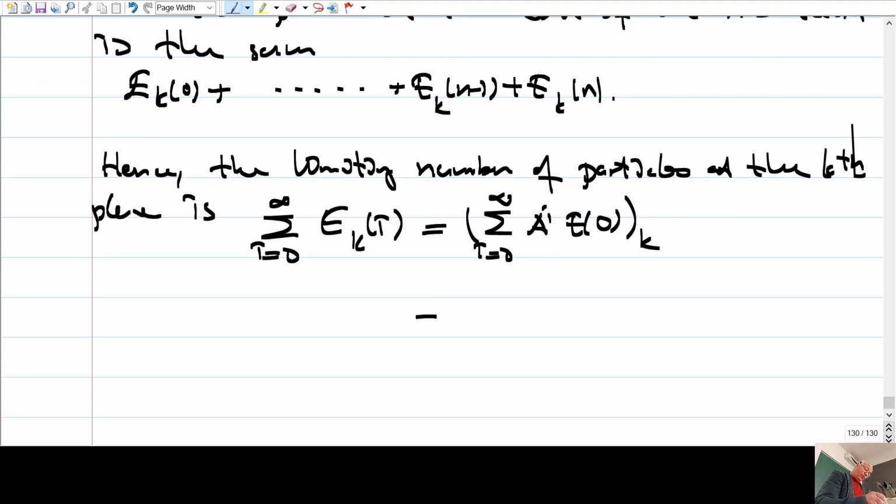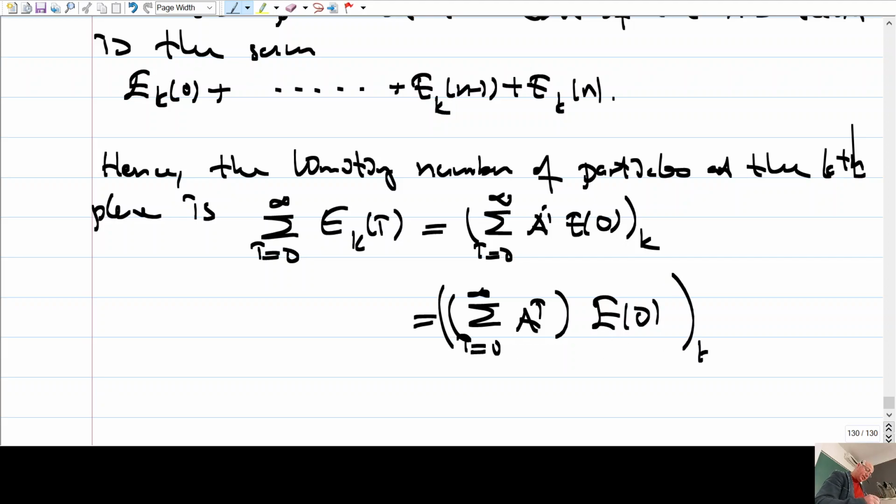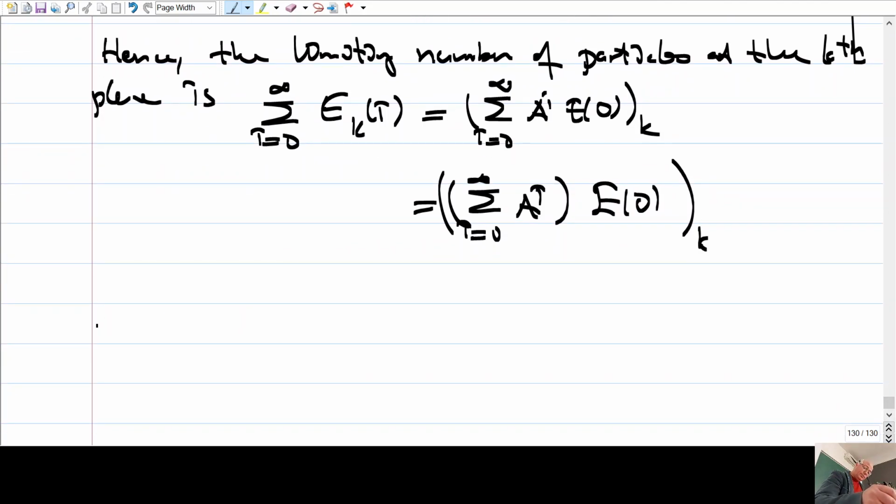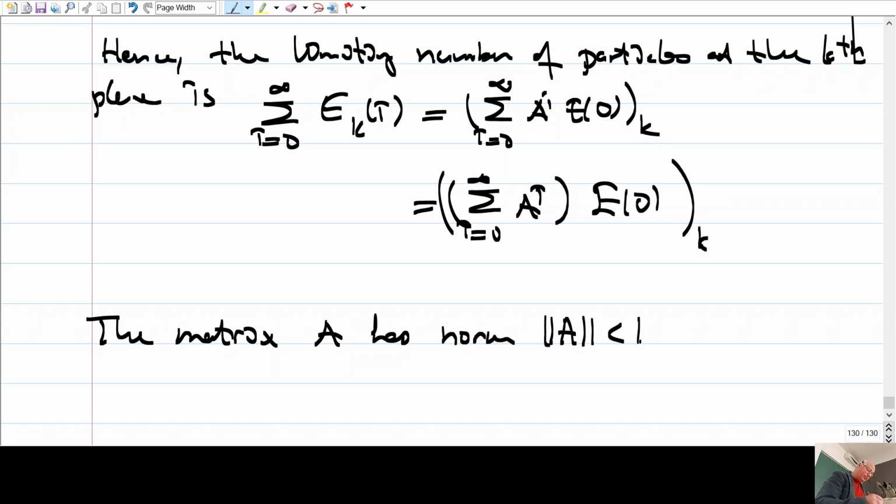Well, this is of course just this sum times the vector E0, and then you take its kth entry. However, we can compute this. This matrix, the matrix A, has matrix norm less than 1.